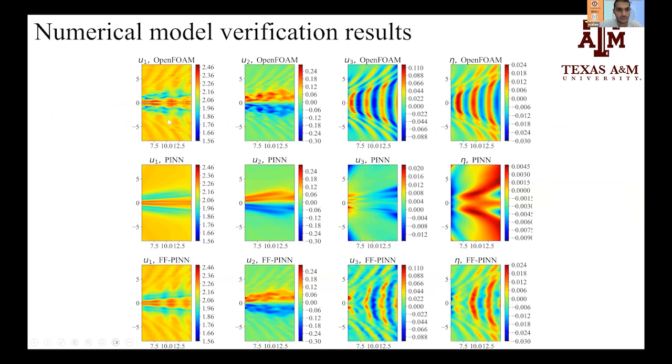When you look at the difference between the three of them, you will find that the physics-informed neural network with no Fourier feature was only able to predict the laminar solution, or the low frequency solution. However, with the Fourier feature addition to the network, it was able to predict both the laminar and the turbulent solution, or the low frequency and the high frequency solution.